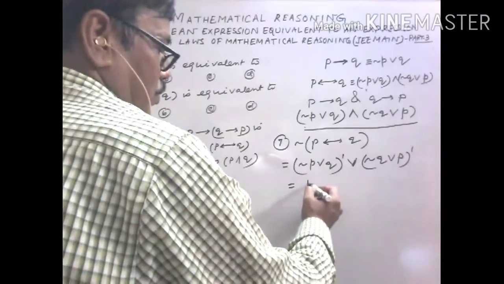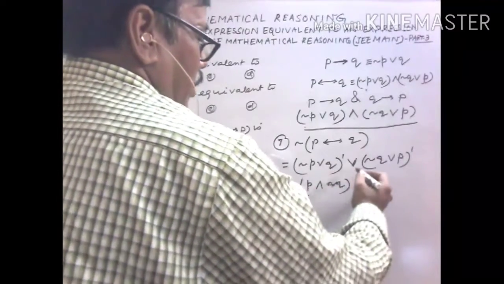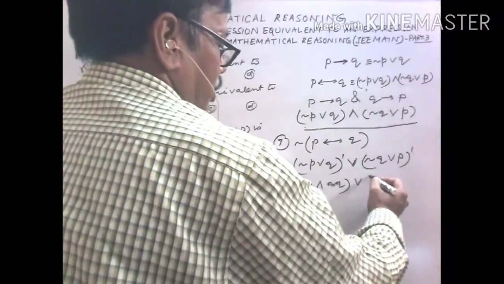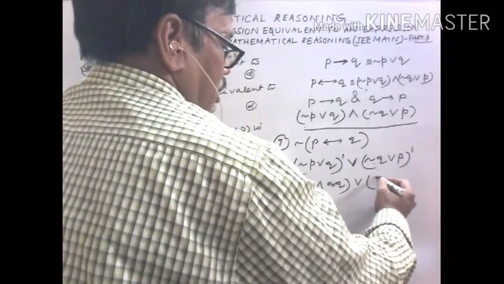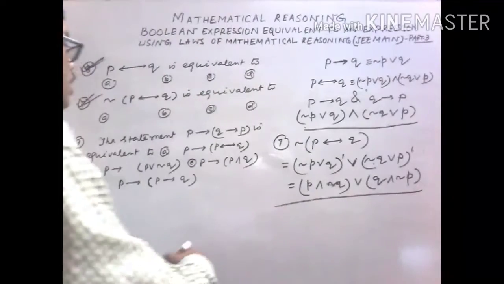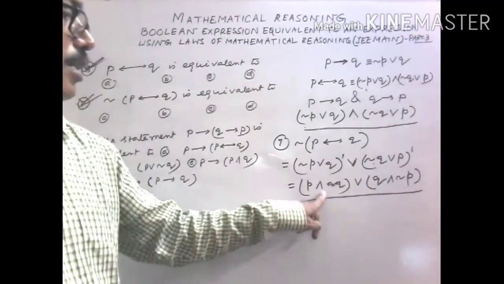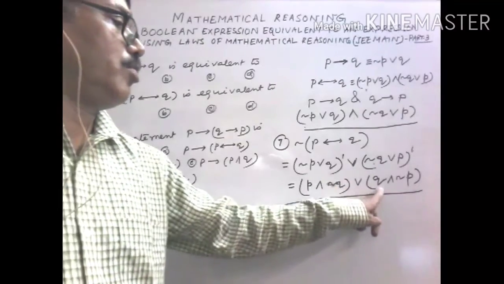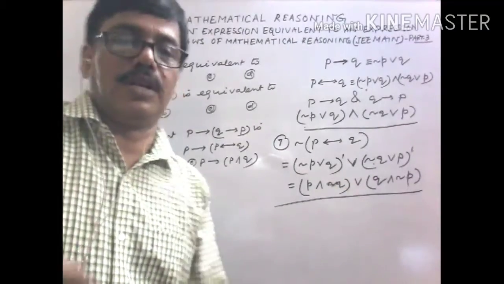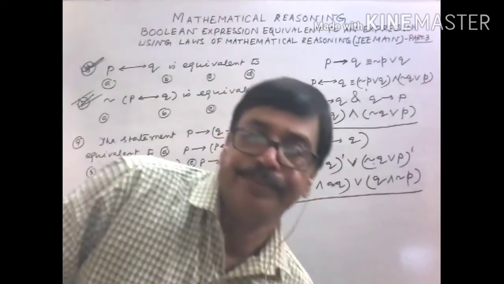So this is P intersection negation Q, and this one unchanged is Q intersection negation P. So P intersection negation Q, union Q intersection negation P. This also comes from the definition.